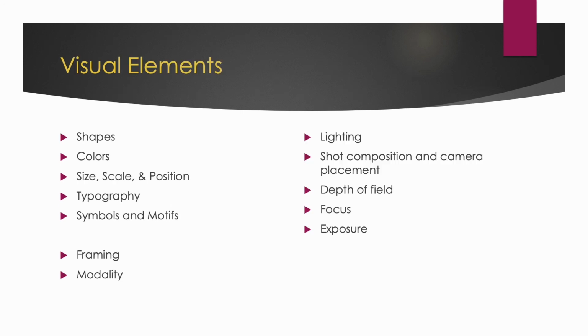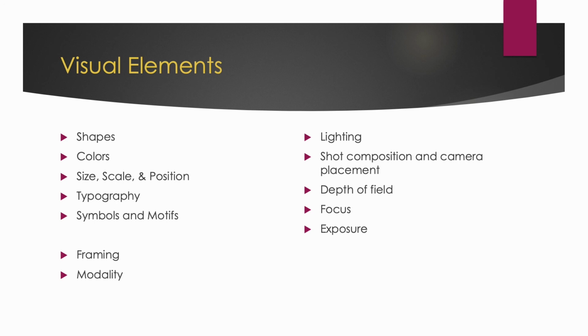So those are the visual elements I want you to be thinking about when you watch movies and television shows: shapes, colors, size, scale, and position, typography, any symbols or motifs, and then of course framing and modality.